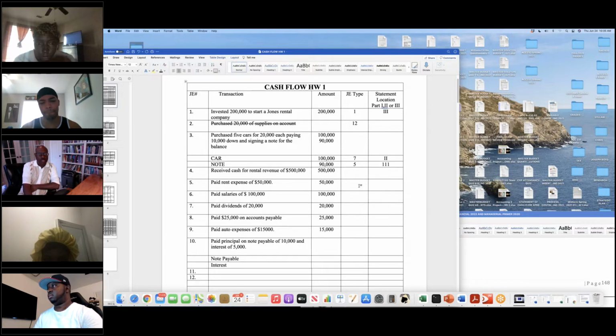Then in number 4, we received cash rental revenues. Once again, a very good review problem. What journal entry type? 2. What part of this cash flow statement? 1. Number 1. So we're going to take this $500.